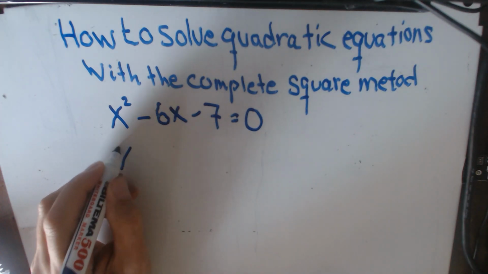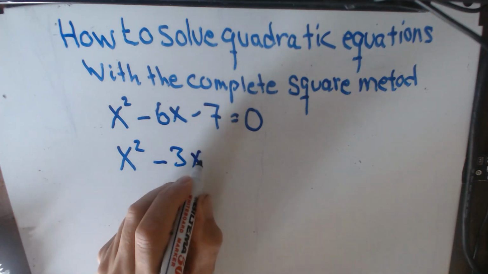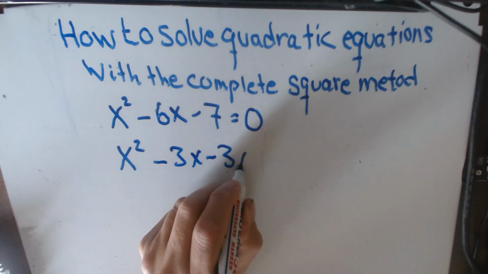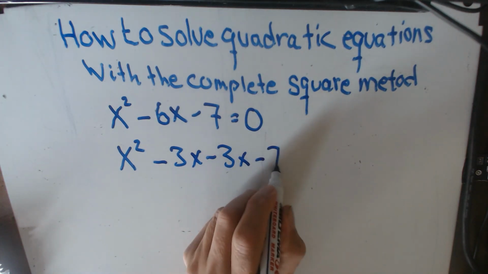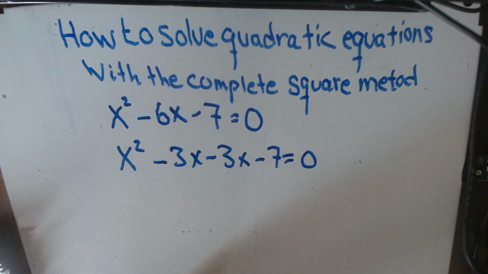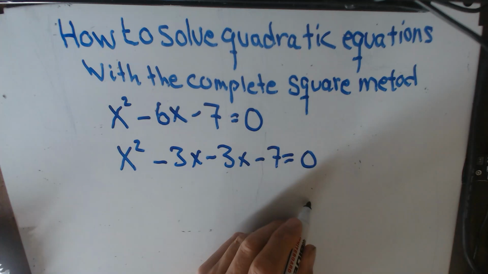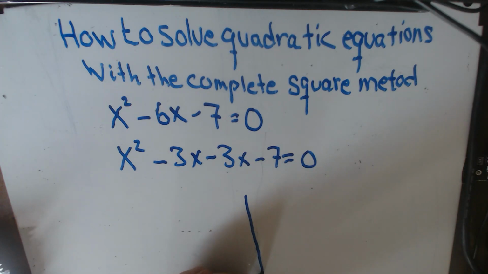So you have x squared minus 3x minus 3x minus 7 equals 0. And the next step, step 2, is to draw a rectangle. So we have the rectangle like this.